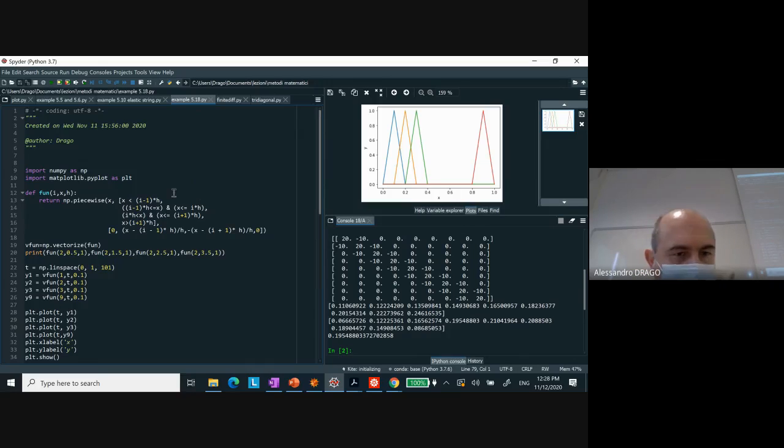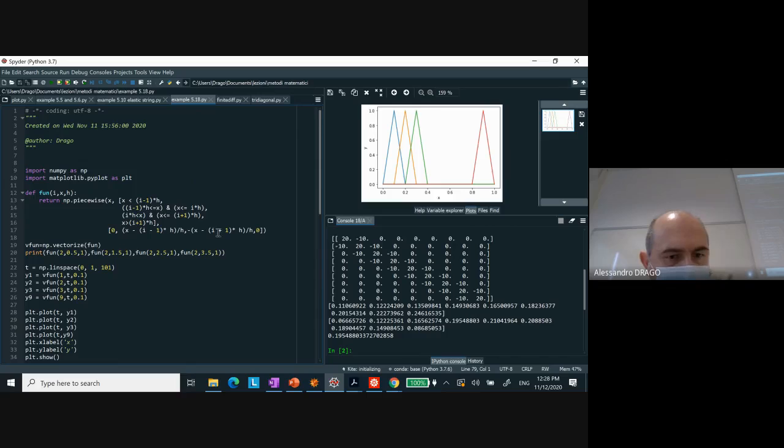So how is this piecewise defined? It's very simple. Essentially, what you do is a list of conditions. 1, 2, 3, 4 conditions. And for each of these conditions, if one of them is satisfied, let's say the first is satisfied, then you get a number. So first condition, you get 0. Second condition, you get this.